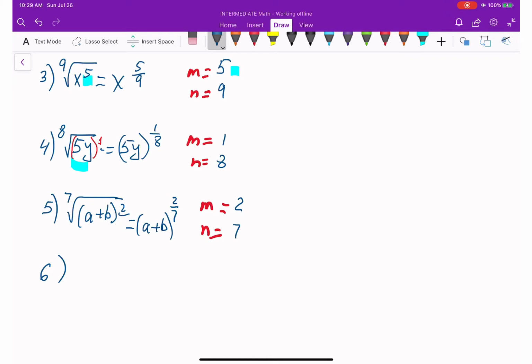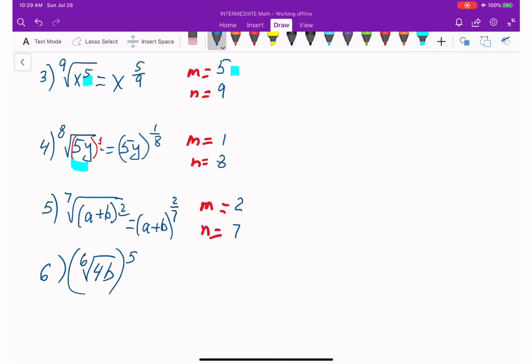It's going to be radical 6 of 4b, and all this to power 5.